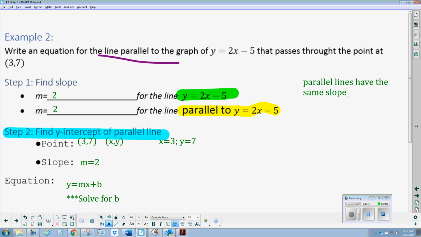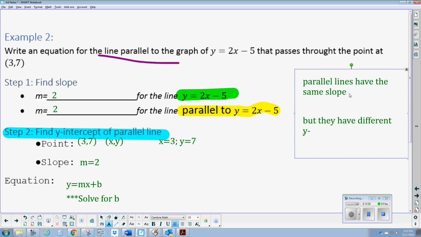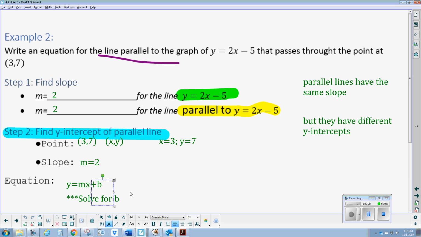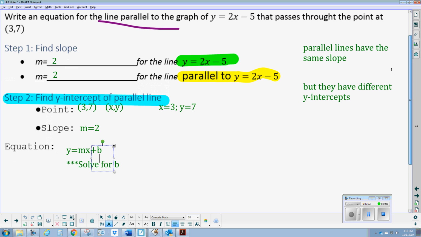So parallel lines have the same slope, but they have different y-intercepts. So we need to find the y-intercept of our new line. And to do this, we're just going to substitute what we know. We know x is 3, we know y is 7, we know m is 2. We don't know b, so we'll solve for it.